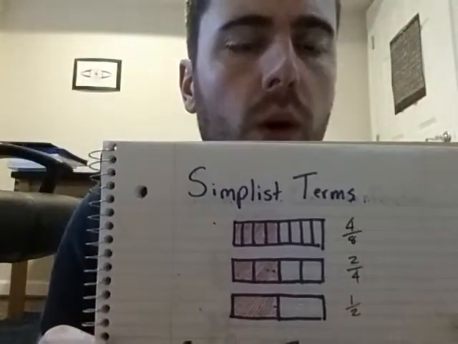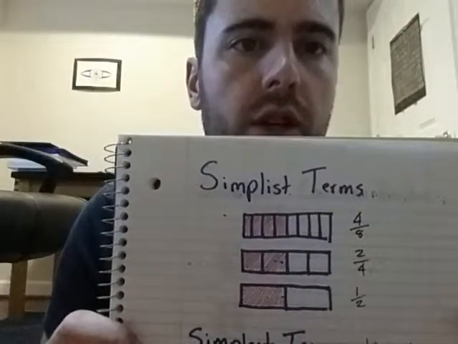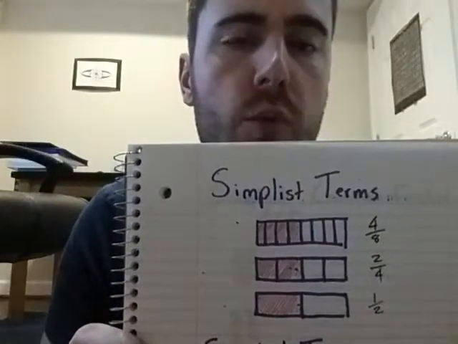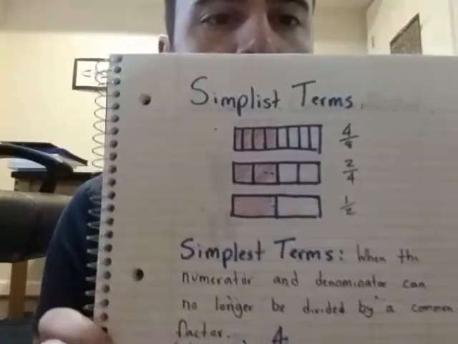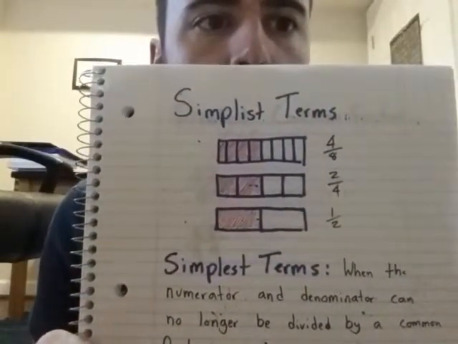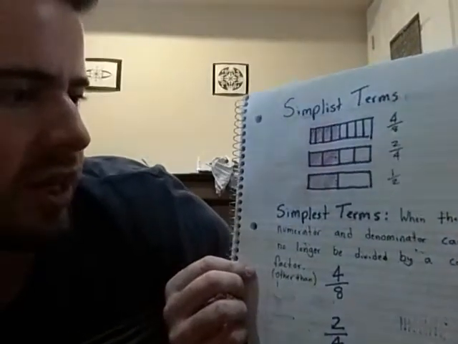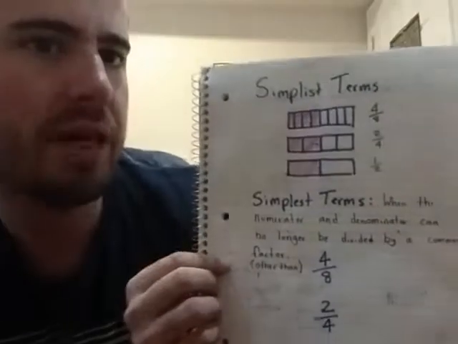All right, we're going to learn a strategy you can use to reduce fractions to their simplest terms. But first we have to know, what are simplest terms? Here's the definition: it is when the numerator and the denominator can no longer be divided by a common factor.